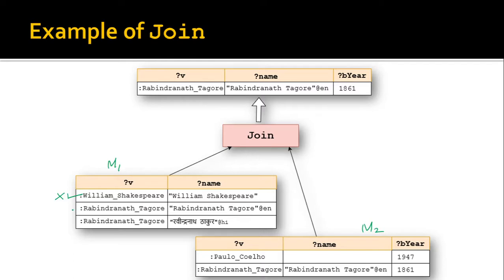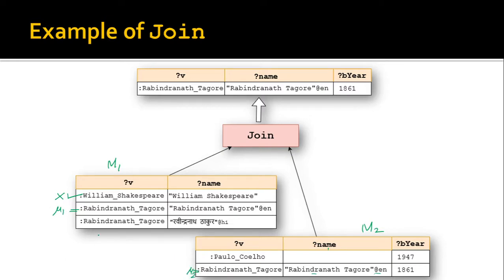Now coming to this solution, for V we have the URI Rabindranath Tagore. Yes, we have Rabindranath Tagore in V. In name we have Rabindranath Tagore string with English annotation, and the values for V and name are the same for this solution, so this is your mu1 and this is your mu2.